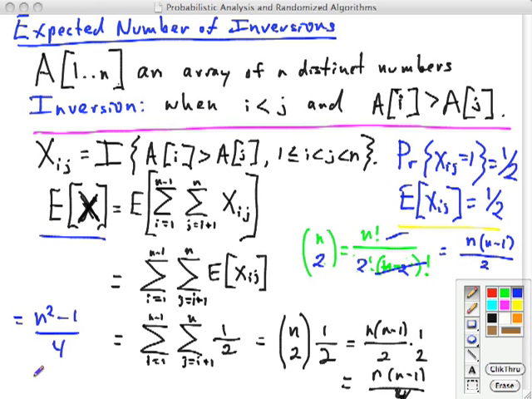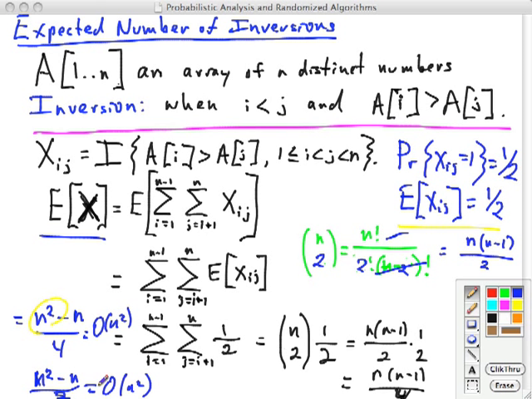When we did the worst case, it was n squared minus n over 2, which is order of n squared. And here the expected case is divided by 4, so there's half as many, but because of this largest growing term, it's still order of n squared. So the expected number of inversions is going to be order of n squared, although strictly less than the worst case.